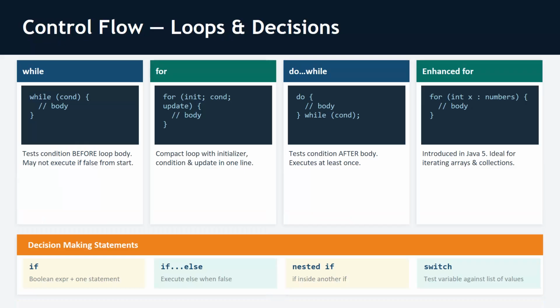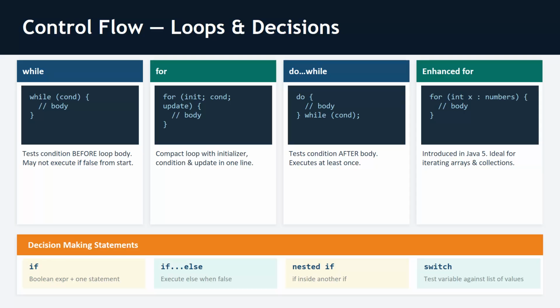Then we have the control flow, where we are talking about loops and decisions. With while loops, you have a condition that is tested before the loop body, so mostly they may not execute if false is detected from the start. Then the for loops are compact loops with the initializer, the condition, and the update in one line.